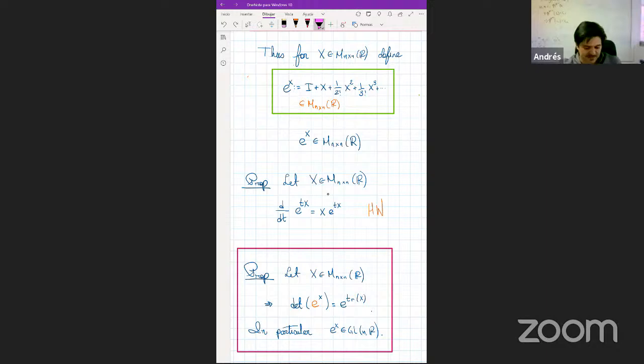Now, before going to the proof, let's get used to this. What happens if X is the zero matrix? What matrix is this? The identity, right, because all of this vanishes. That's the identity. And the trace of the zero matrix is 0, so we get e to the 0, which is 1. So that's perfect.